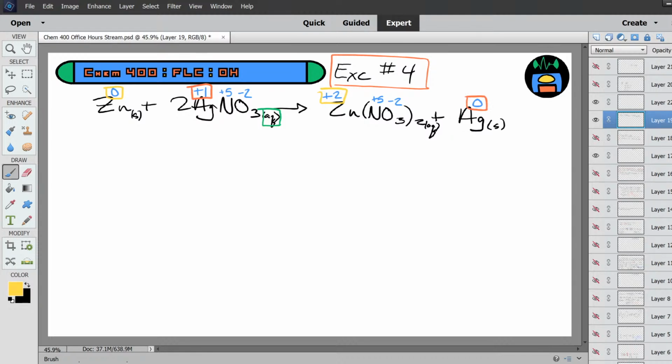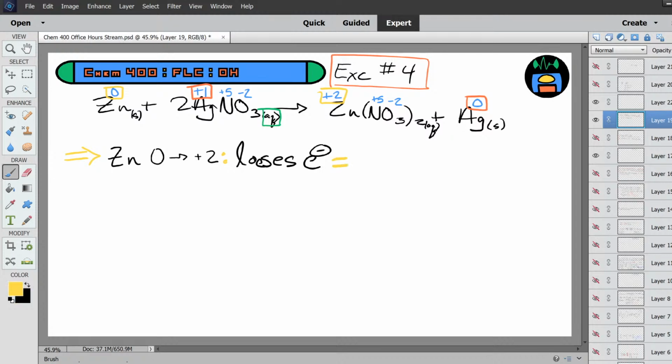Let's start with zinc. Zinc goes from 0 to +2, which means, if you go from 0 to positive, you are losing electrons. Zinc loses electrons.